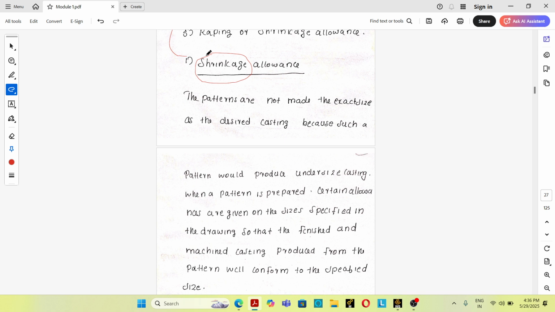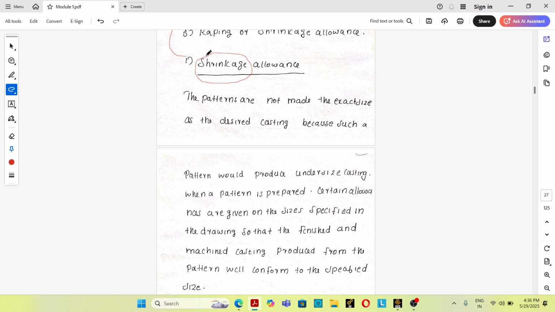So during the solidification of a casting inside the mold, volumetric shrinkage of the casting will take place. The entire volume of the casting will be reduced. Size of the casting will be reduced. And that defect is known as shrinkage defect.